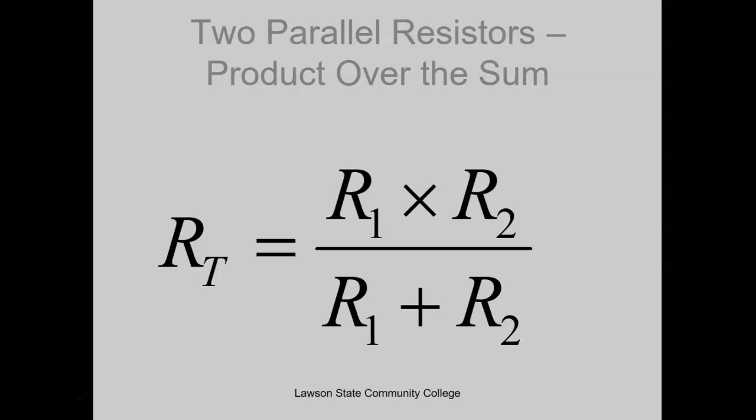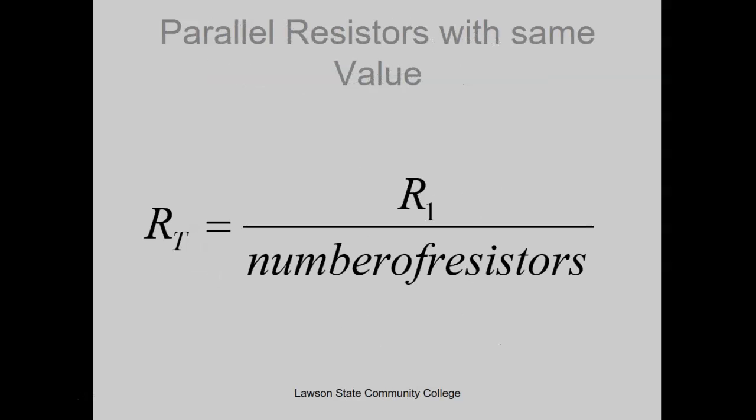One of the ways, I won't even say y'all should remember this, because most of the time if you're dealing with parallel circuits, you're not dealing with just two. Okay? But if you do happen to have resistors of the same value, say you're putting in a bunch of lights, this one actually does work. You take your resistor and you divide it by the number of resistors.